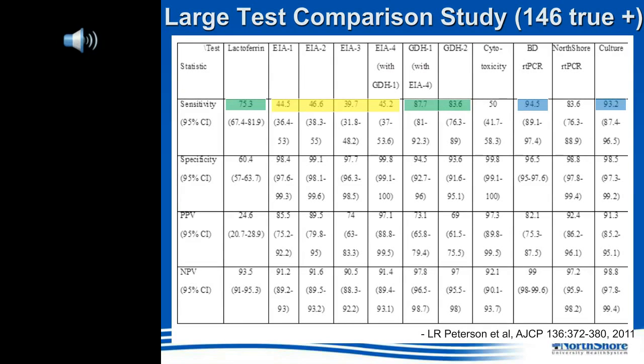We want to highlight the two GDHs, which are in the middle, 87 and 84%, and the PCRs were the commercial PCR. This happened to be the BD GeneOhm test, was 95%.